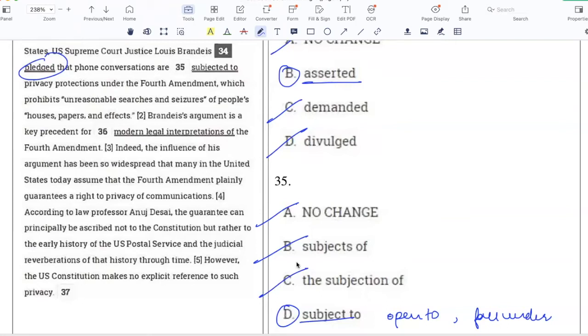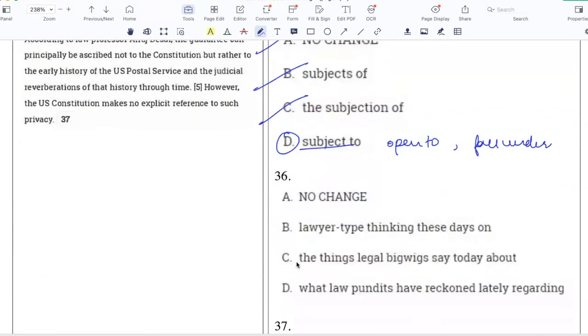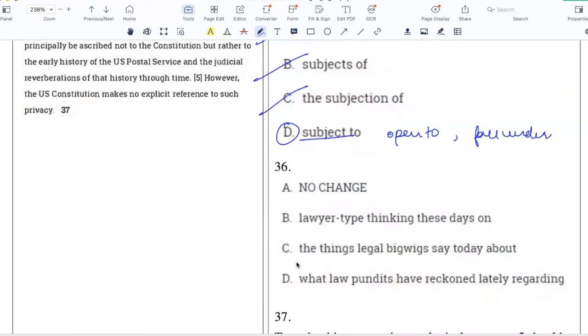Brandeis' argument is a key precedent for modern legal interpretations of the Fourth Amendment. Now here I have options that say lawyer type thinking these days on, the things legal bigwigs say today about, and what law pundits have reckoned lately regarding. So none of these are as concise or as formal as option A, right?